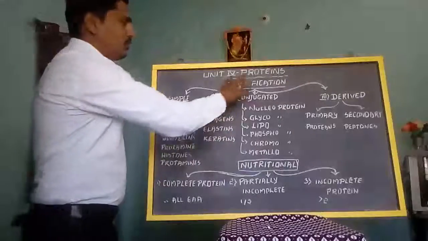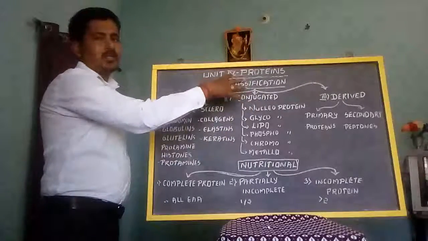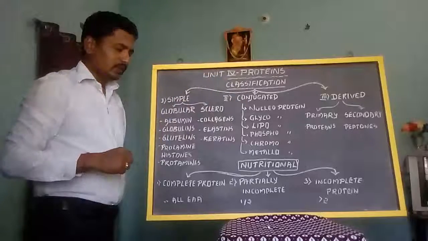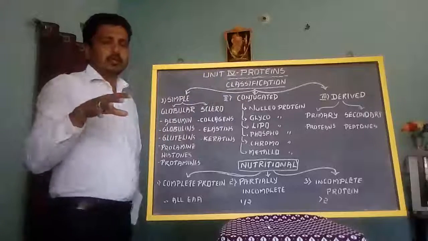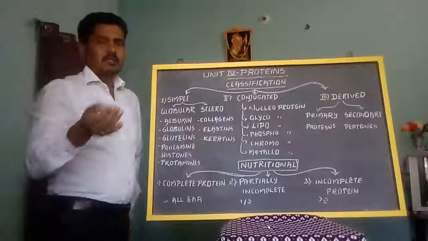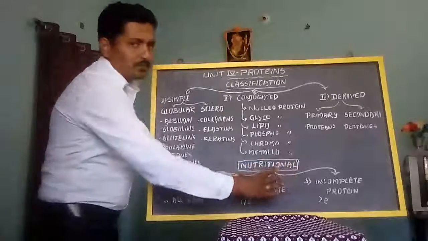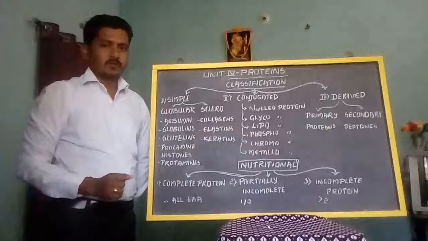Okay, this is about the broad classifications of protein as an aspect of biochemistry and nutrition. The most important classification as part of our nutrition is the nutritional classification of proteins.